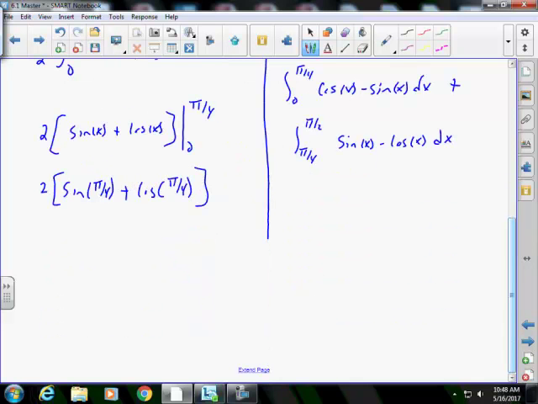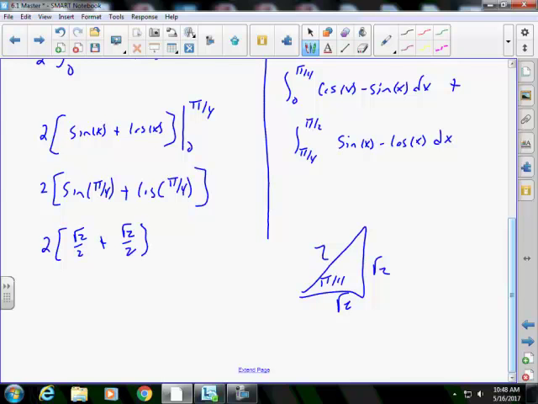And then I need to remember what that is. If I don't remember, I can remember my handy-dandy triangle, pi over 4, square root of 2, square root of 2, 2. So I'm going to have 2 times the square root of 2 over 2 plus square root of 2 over 2.